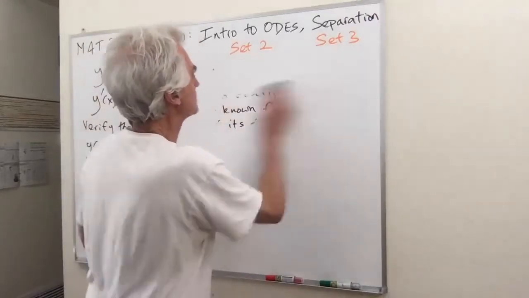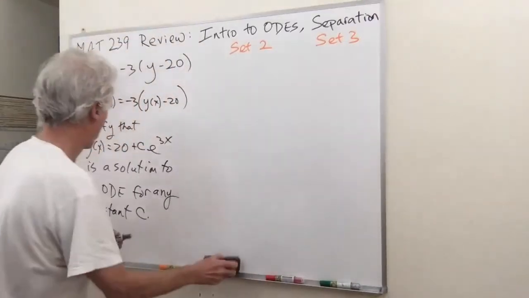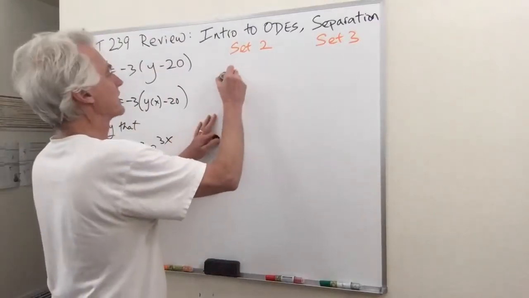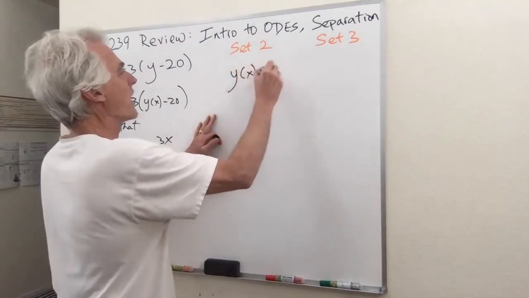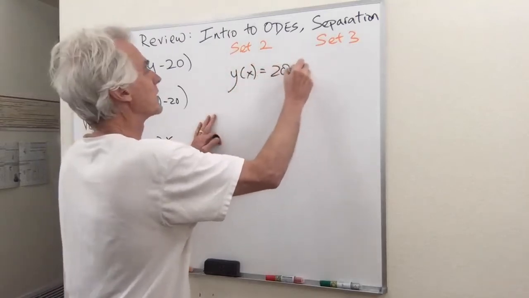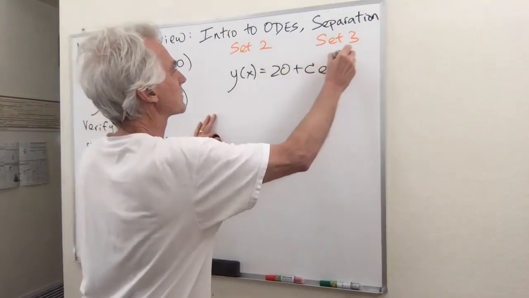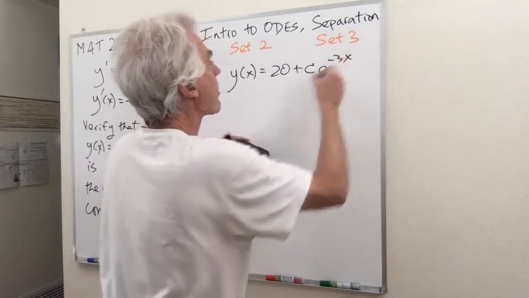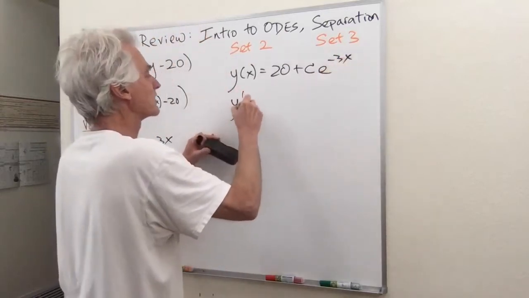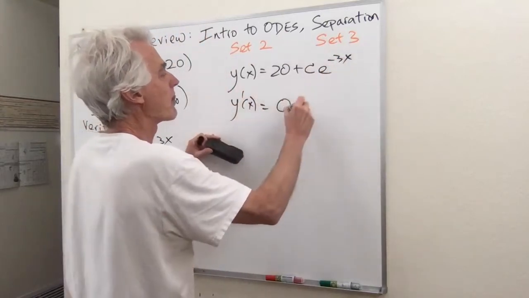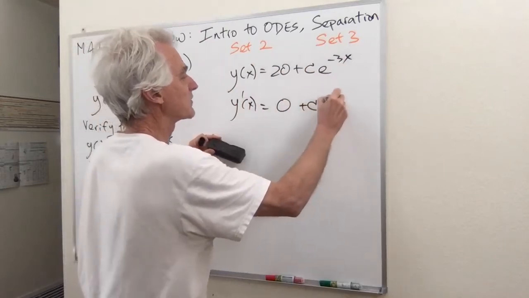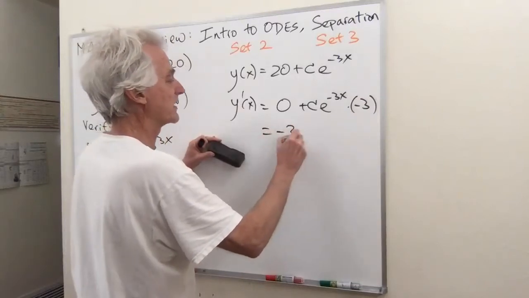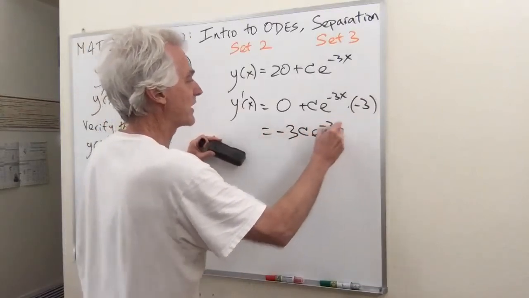So let's do this. For this function, it's nice to rewrite it up here before I differentiate. y of x is 20 plus a constant times e to the minus 3x. And y prime of x is going to be 0 plus c e to the minus 3x times negative 3. We can simplify that as minus 3c e to the minus 3x.